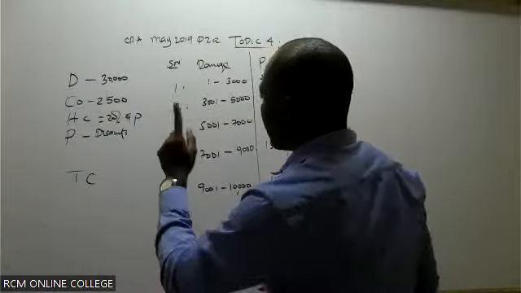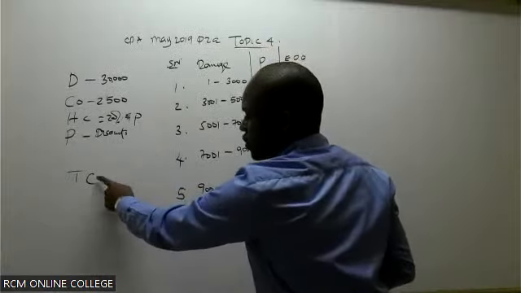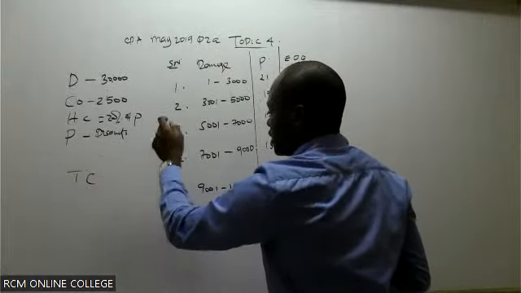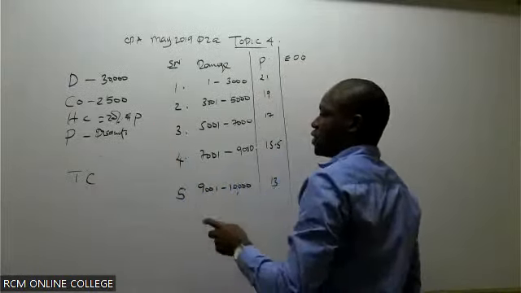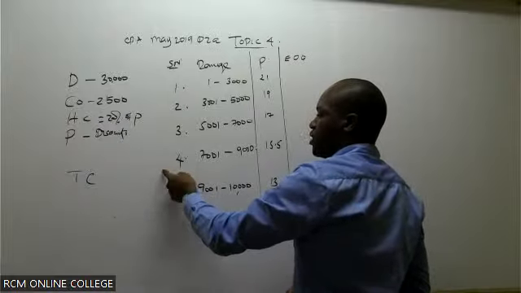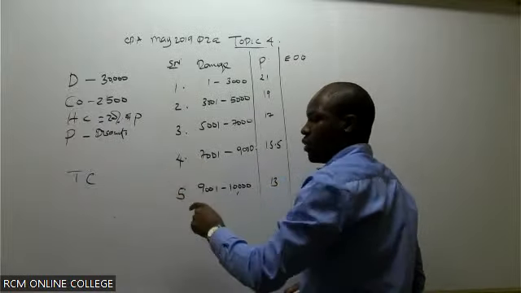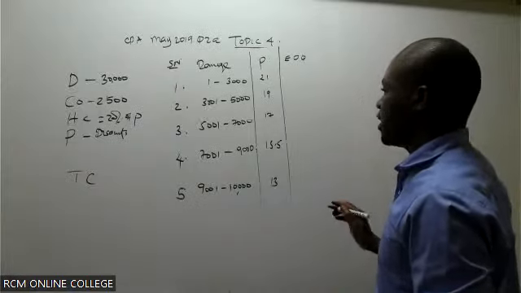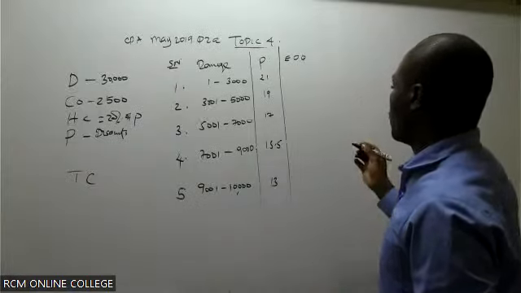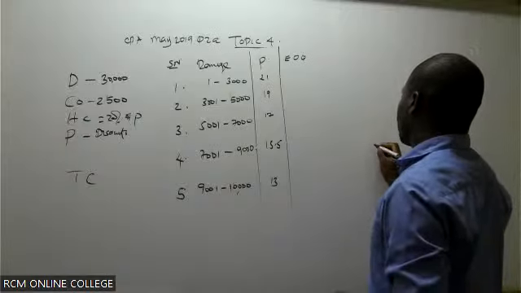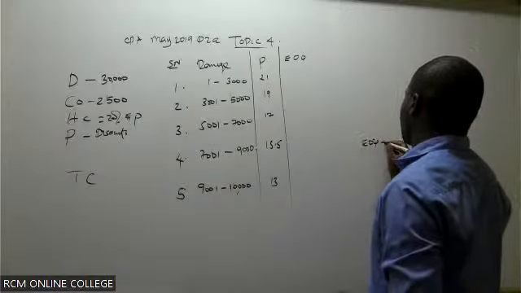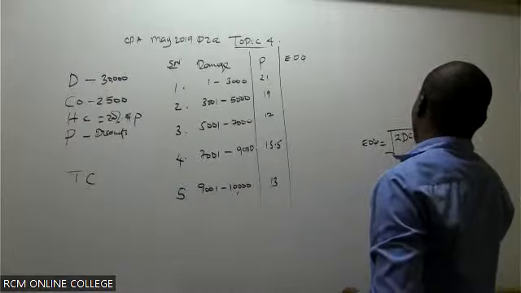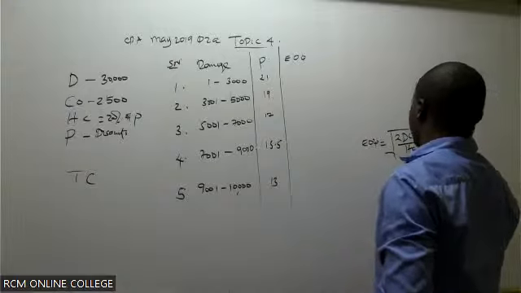Now that we have the purchase price, remember our total cost must include demand times purchase price, plus number of orders multiplied by ordering cost, plus quantity divided by 2 multiplied by holding cost. That's what we are going to do. We've not forgotten the formula: economic order quantity is equivalent to root of 2DCO over XC.